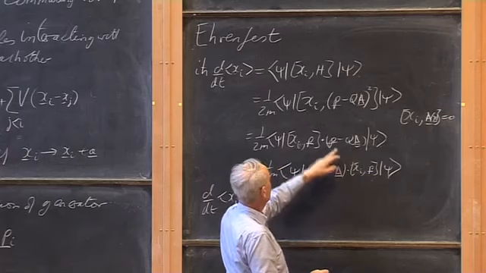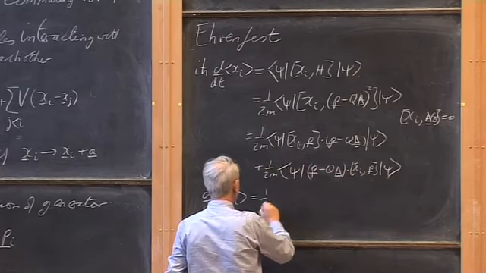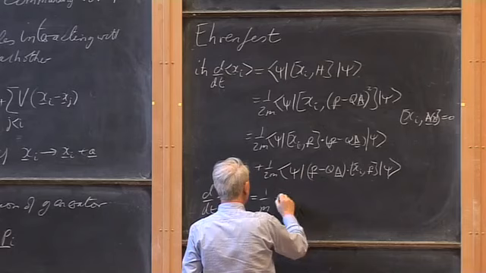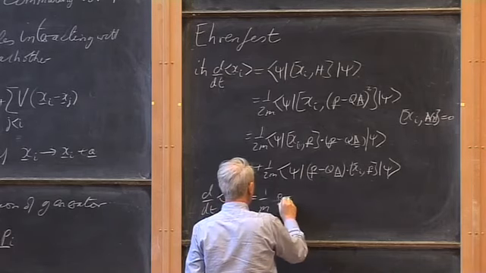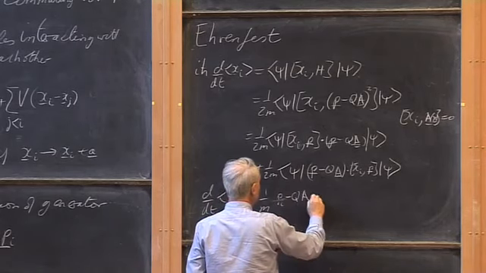This term is going to generate the same as that, so this gives me 1 over m times (p_i minus qA_i).